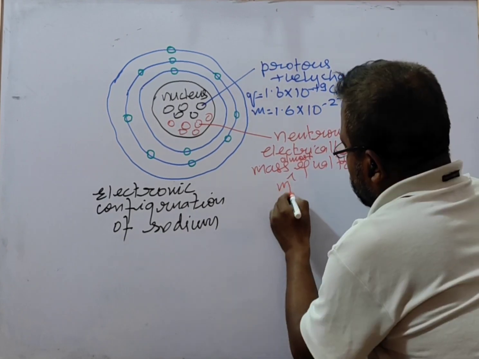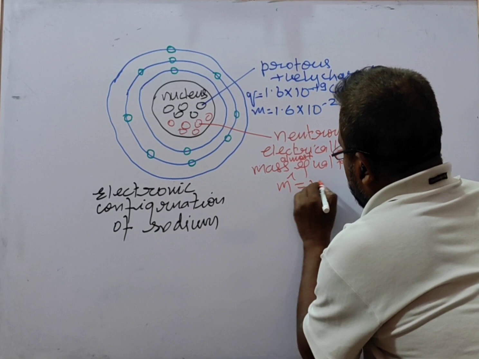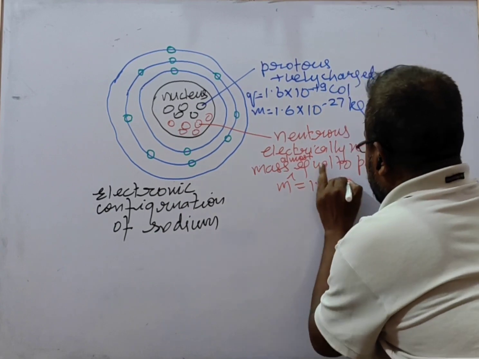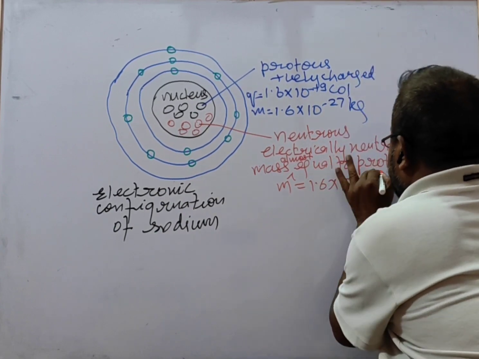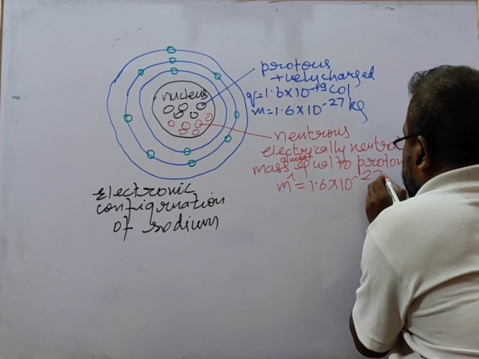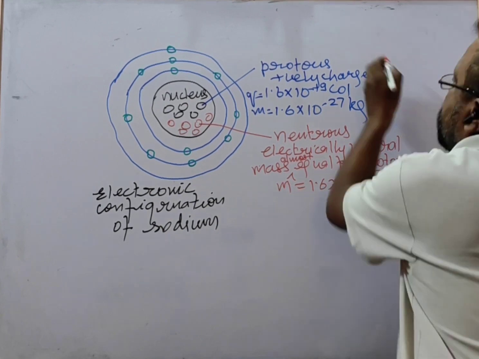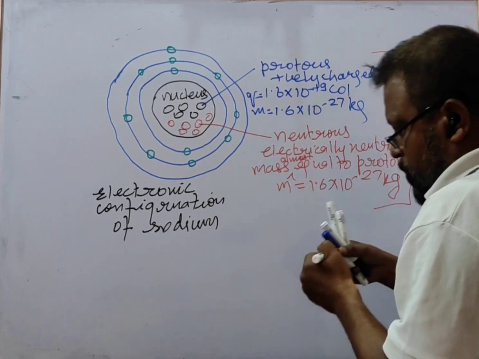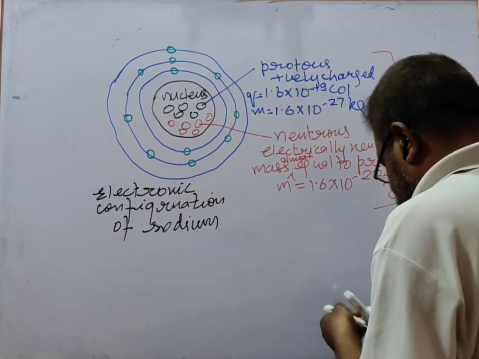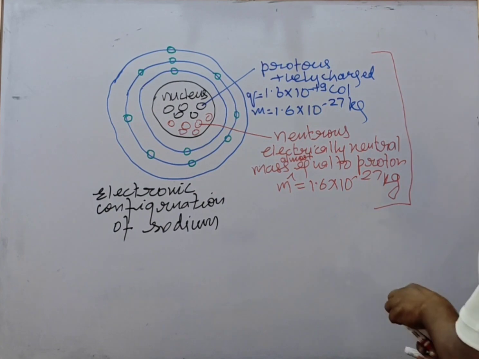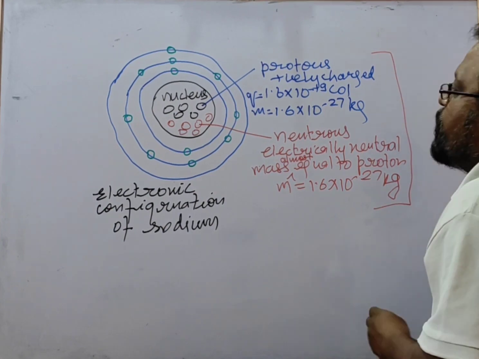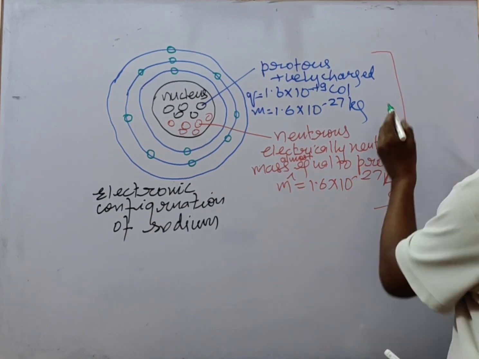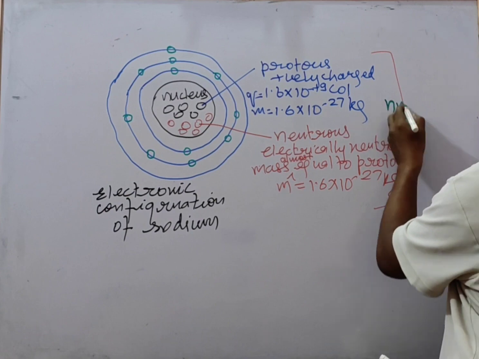Their mass is also 1.6 into 10 to the power minus 27 kg, right? They are all together known as nucleons, right?